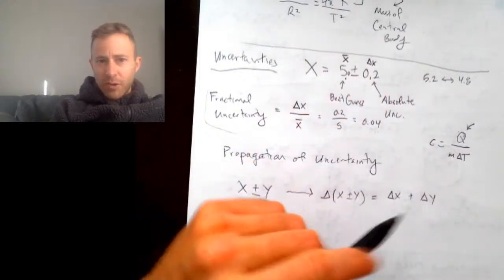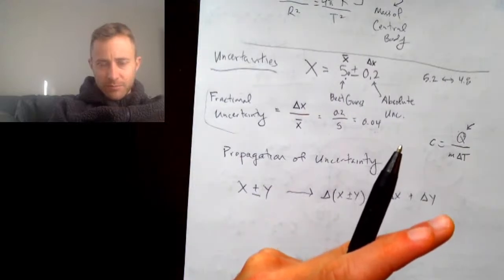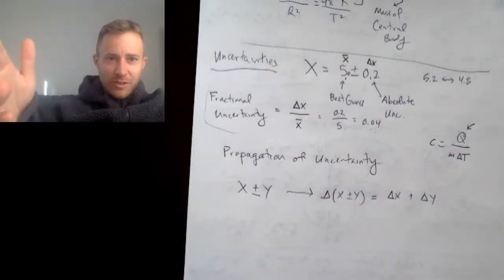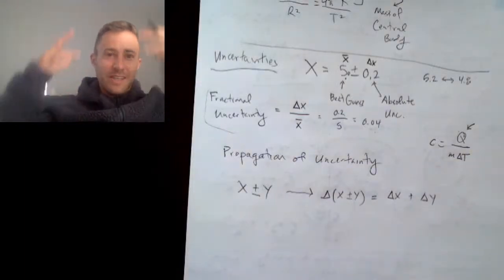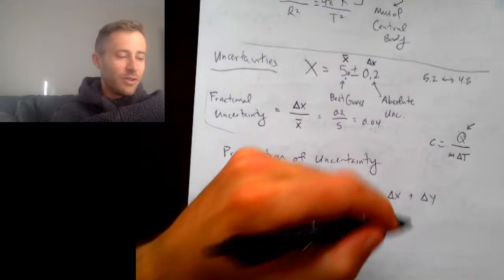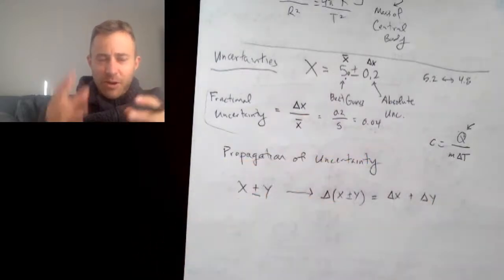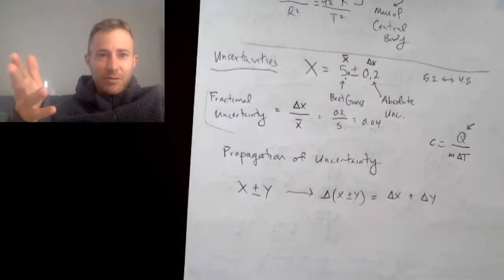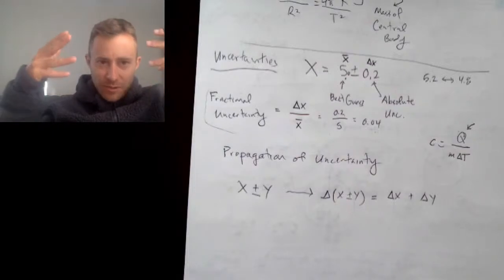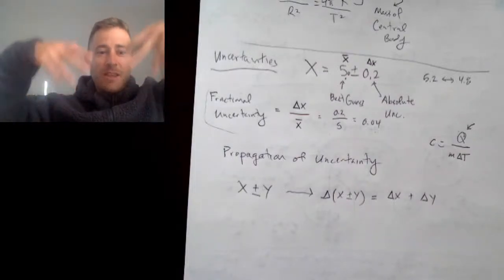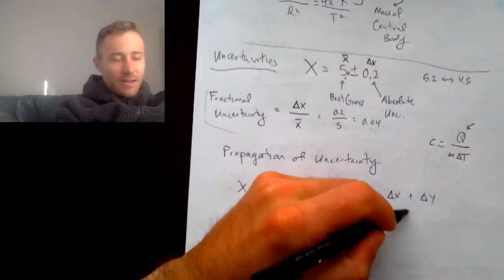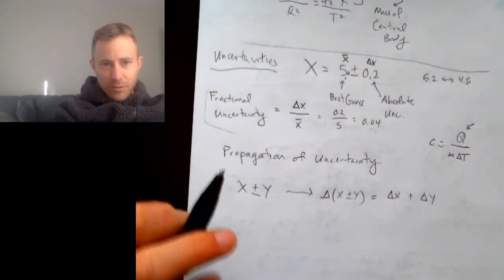So notice you're never going to subtract uncertainties. If two things are uncertain, that always makes the result even more uncertain. You could never have two things that are uncertain and they somehow make it less uncertain. The combination of those two things being uncertain will make it even more uncertain. So that's why it's adding, even though we could be subtracting the two things.